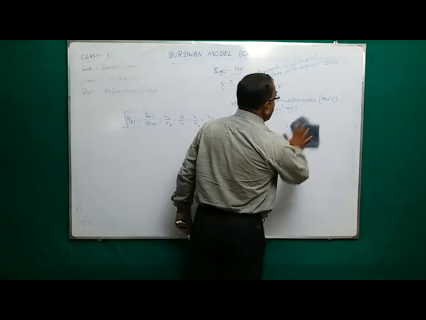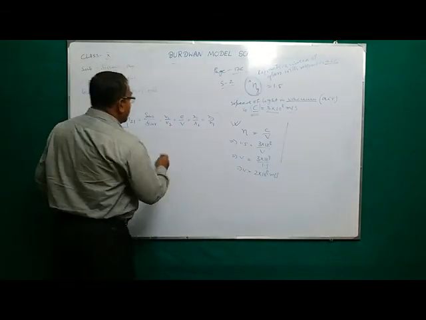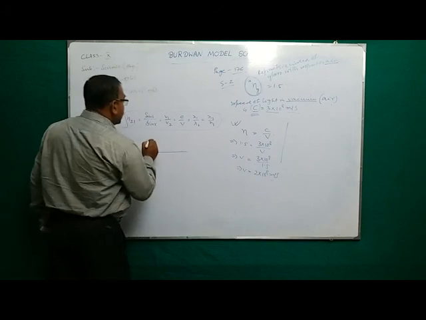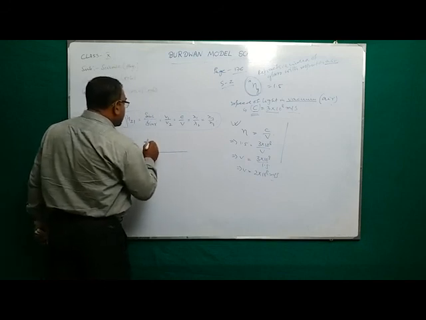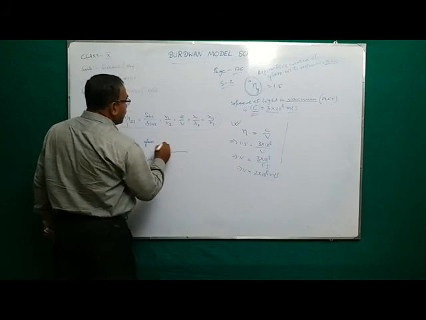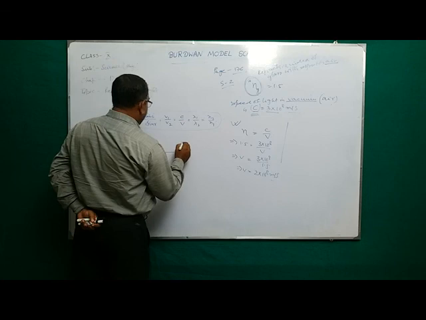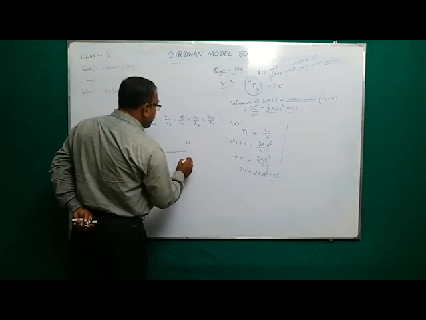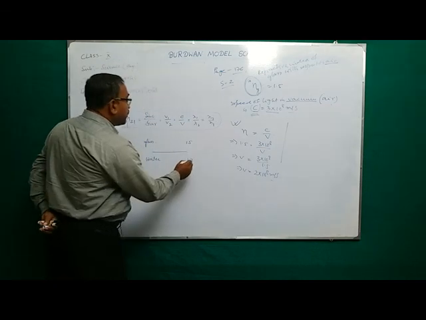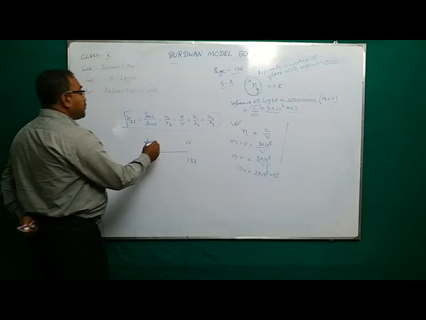So suppose one question is here. This is the glass and that is the water. The refractive index of glass is 1.5. The refractive index of water is 1.33.